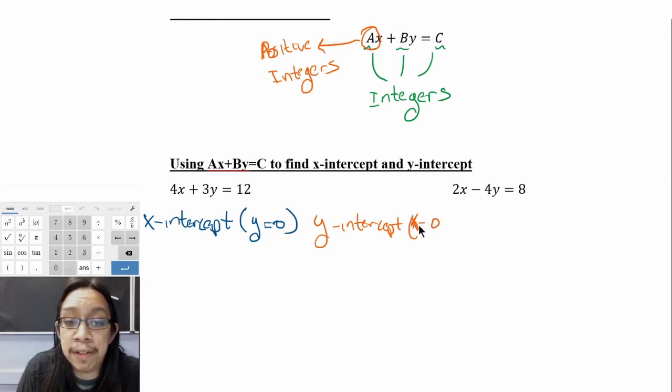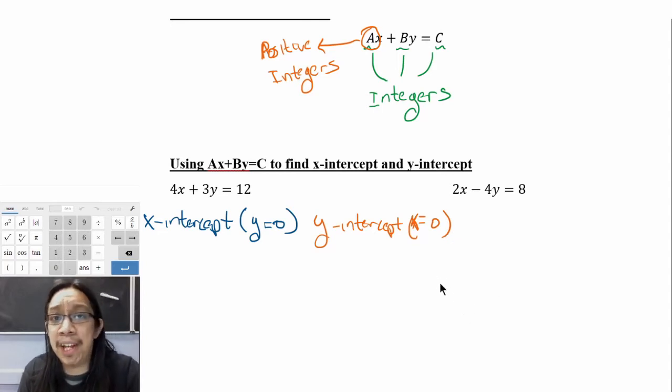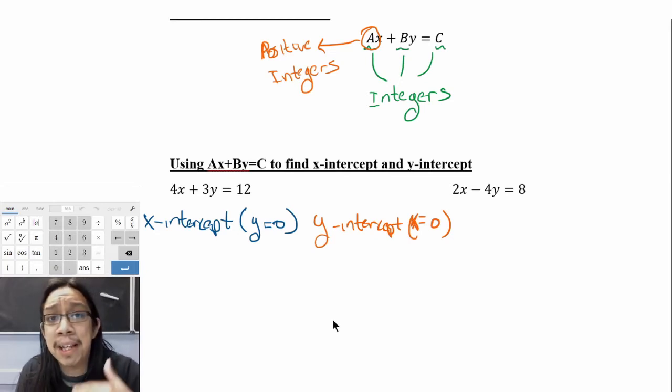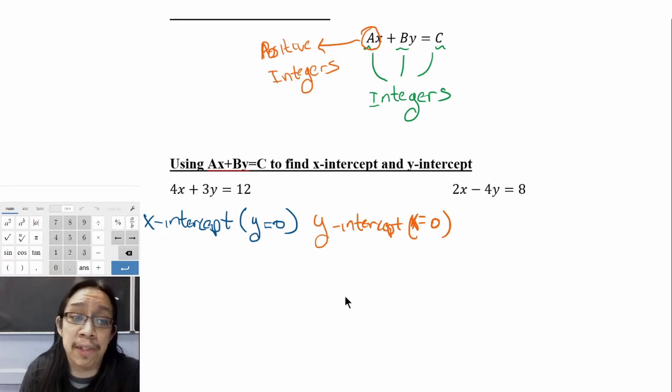So how exactly do we use these two pieces of information to actually find the x and the y-intercept? Well, really all we're going to try to do is plug in the 0 into the appropriate spot in your equation and then simplify whatever is left over. Let me show you what I mean by that.